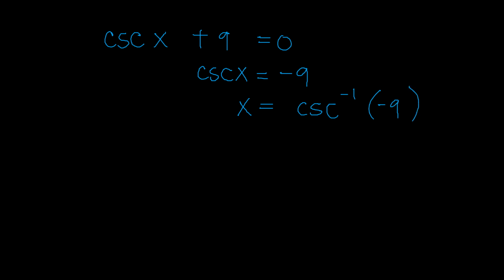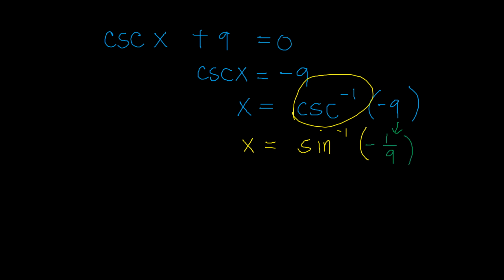And we know that arc cosecant can also be written as x is equal to arcsine, and then we get the reciprocal of -9, so that is -1/9.